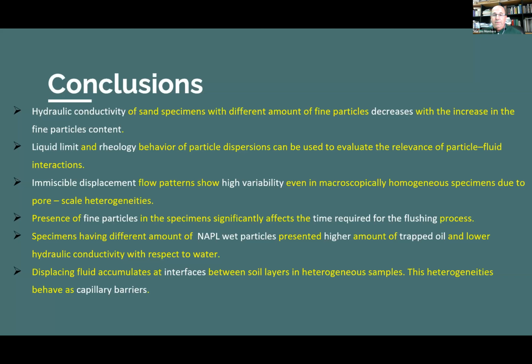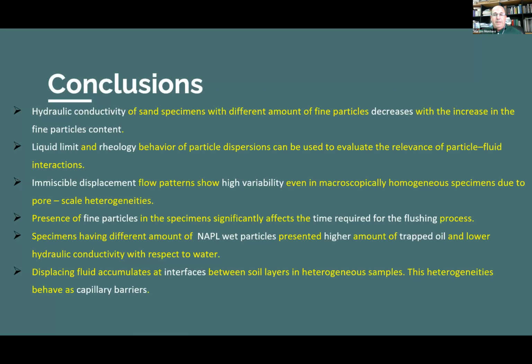Immiscible displacement flow patterns show high variability even in macroscopically homogeneous specimens due to pore scale heterogeneities. The presence of fine particles in the specimens significantly affects the time required for the flushing processes, and specimens having an important amount of NAPL wet particles presented a higher amount of trapped oil and lower hydraulic conductivity with respect to water in comparison to specimens with the same particle size distribution.